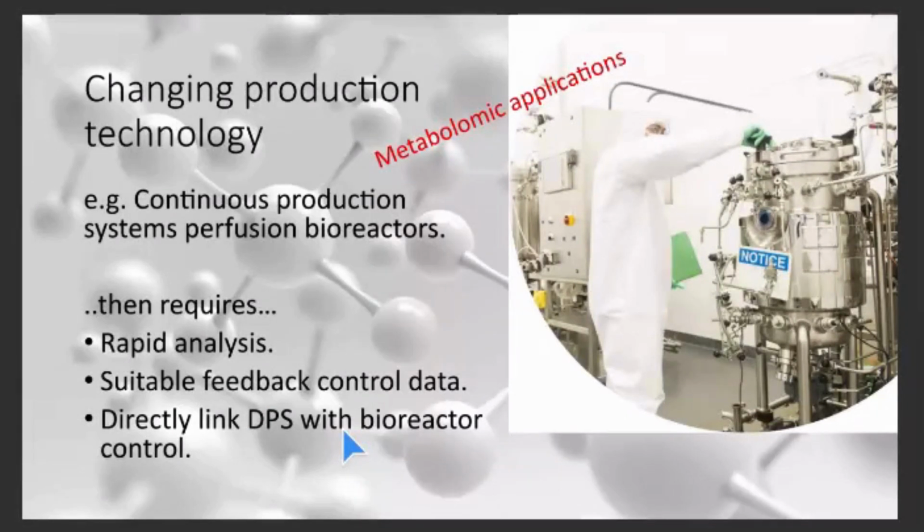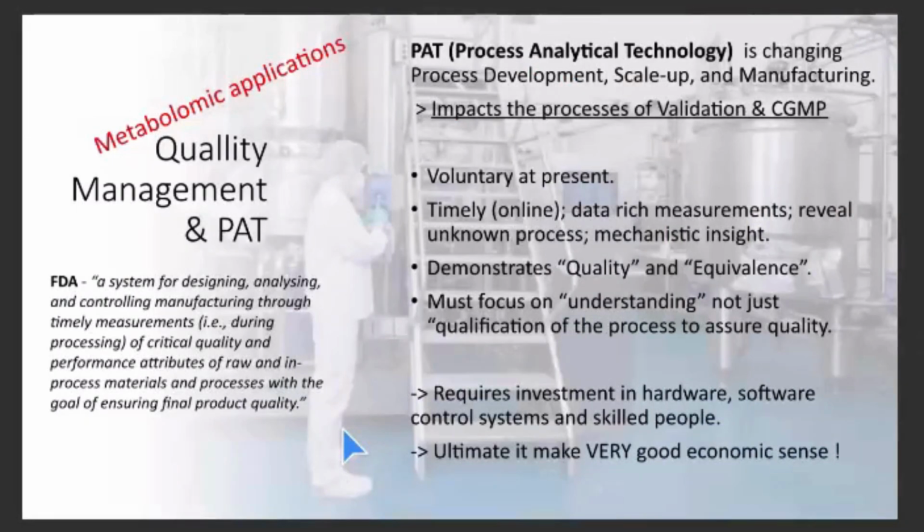Metabolomics, as I hope I've introduced to you, can operate at all these levels to deliver data for these needs. And even if we go on to more advanced ideas of process analytical technology, such as PAT, where we are trying to understand how we can monitor systems as we scale them up, scale them down, and validate them for different regulatory purposes.